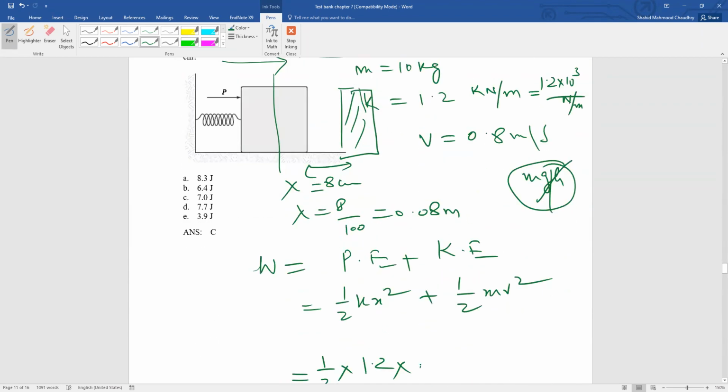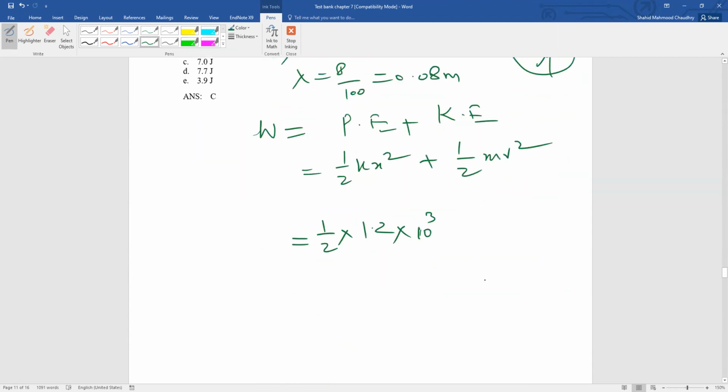And x square is 0.08 square, plus 1 over 2 into m, and m value is 10, this is 10 kg, and then v square. v is 0.8, so 0.8 square.